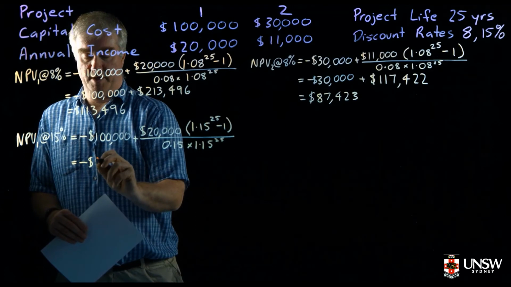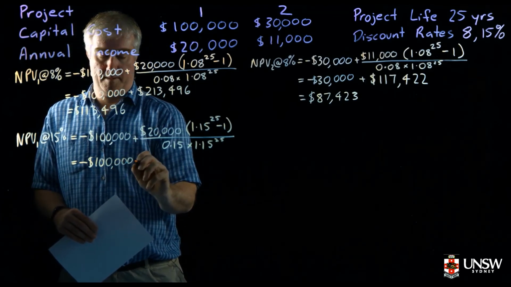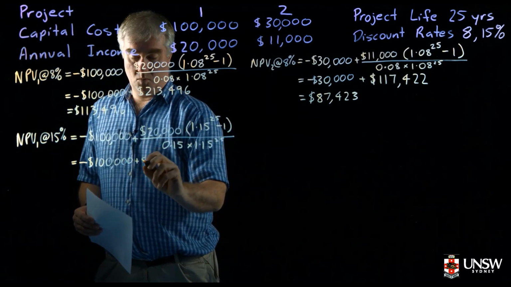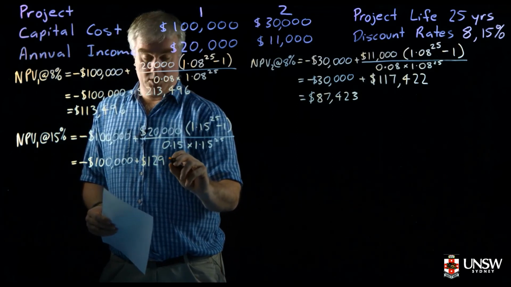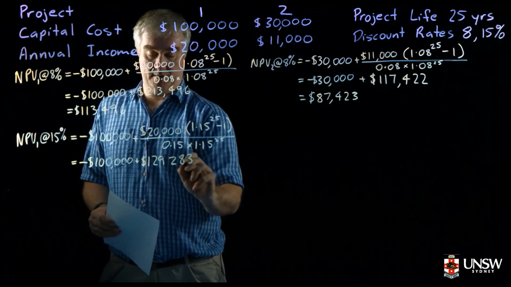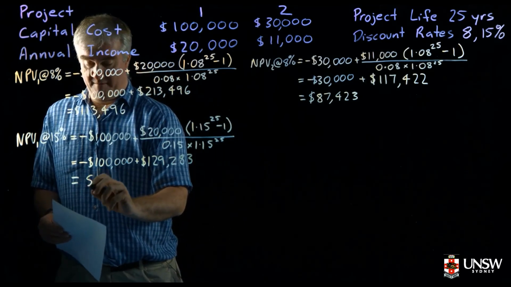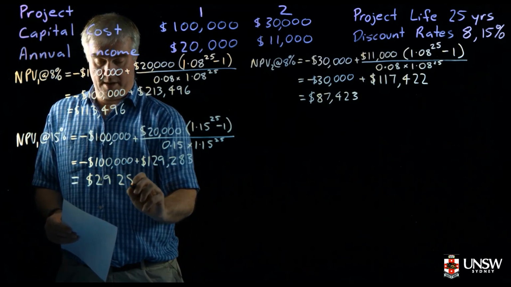minus 100,000 plus 129,283, which gives us a grand total of 29,283.